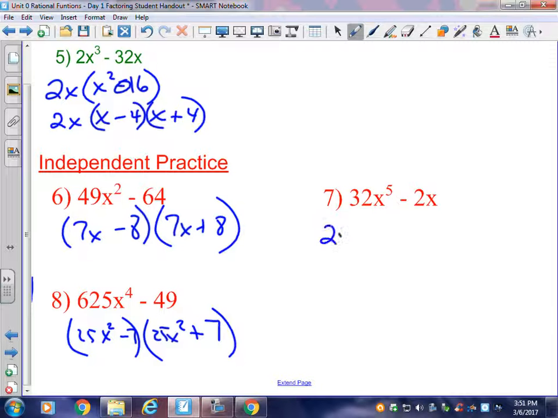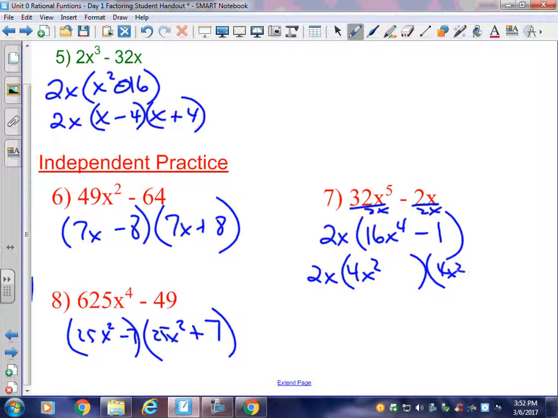In this one, I need to take a 2x out and get 16x to the 4th minus 1. Because remember, you're dividing by 2x when you take out a GCF, and 2 divided by 2 is 1. It doesn't drop out. It's 1. Then you say 4x squared times 4x squared makes 16x to the 4th. 1 times 1 makes 1, and a negative times a positive makes it work.